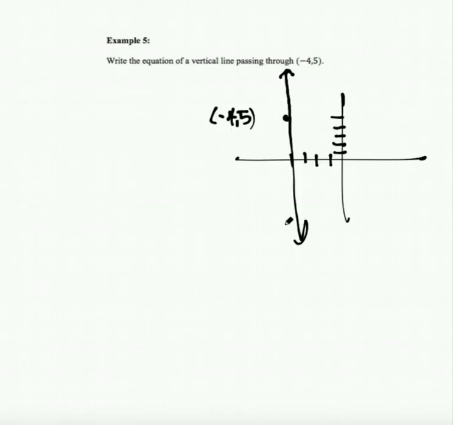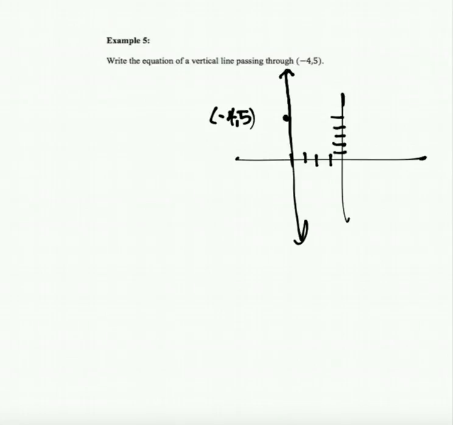So if you go back to your notes at the beginning, we talked about the different types of slope. And specifically, we talked about vertical lines and horizontal lines. Vertical lines and horizontal lines have special equations, okay? So let's look at this vertical line. This vertical line is cutting right through the x-axis.